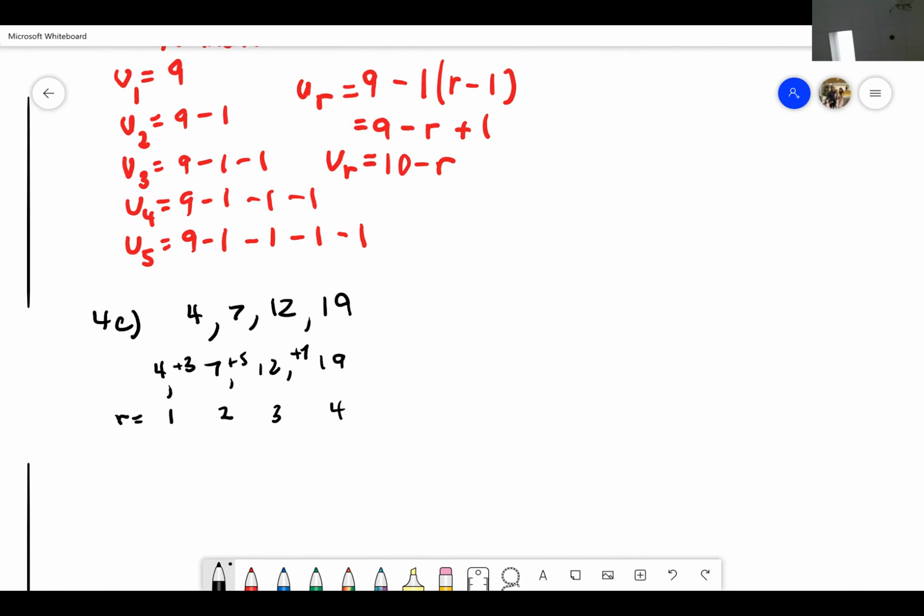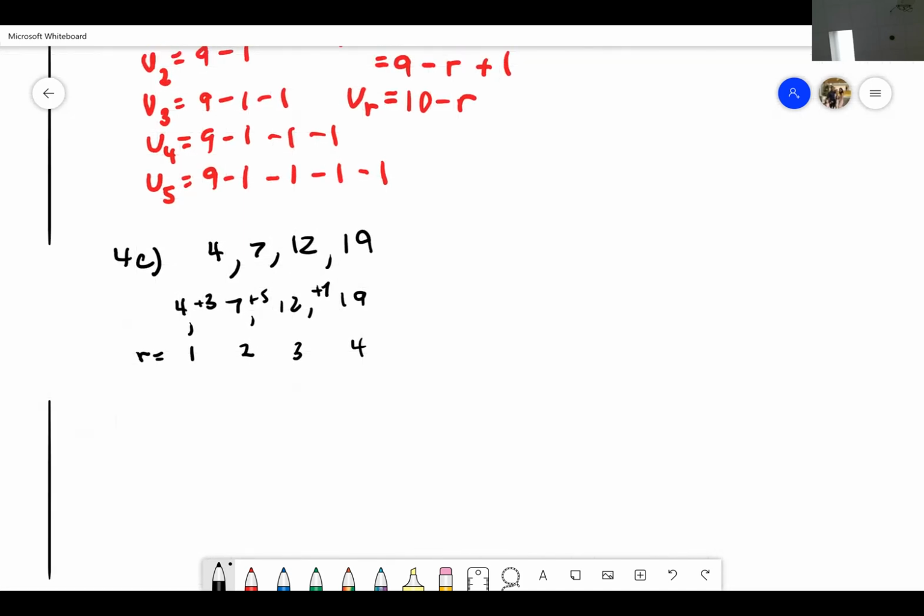So tell me the formula. All right, this is how I begin when I'm stuck, when I'm looking at it and I can't obviously see the formula. I normally use different letters. I don't like using U. I like using A's. A's of 1 equals 4.